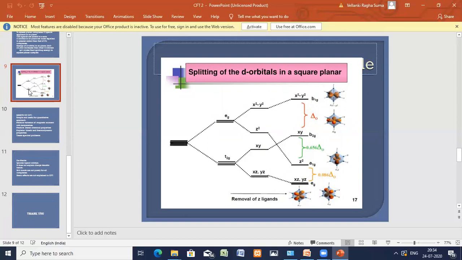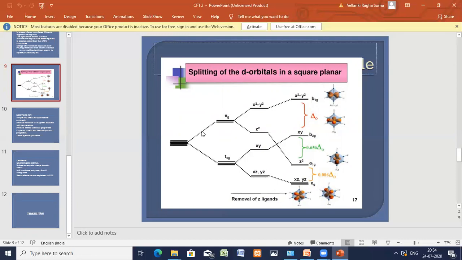By removing 2 vertically oriented ligands from the octahedral complex, 2 ligands are removed, we get a square planar complex. By removing the 2 vertical, that is z-axis, oriented ligands from the octahedral complex, we get the square planar complex.